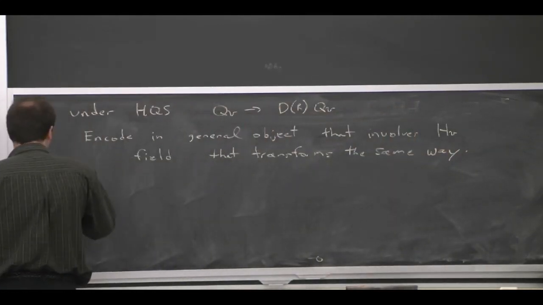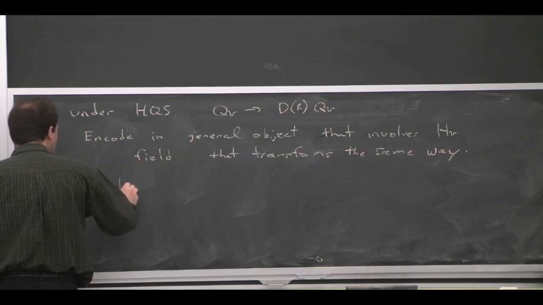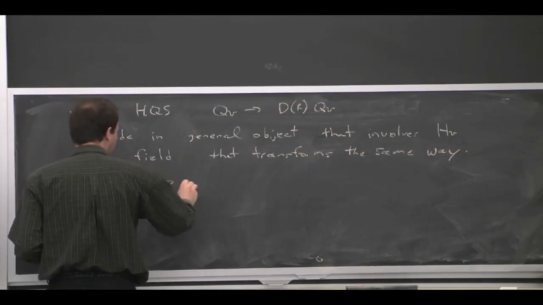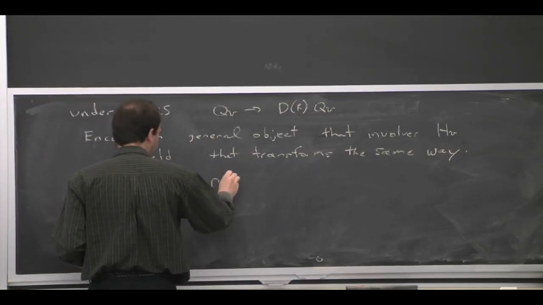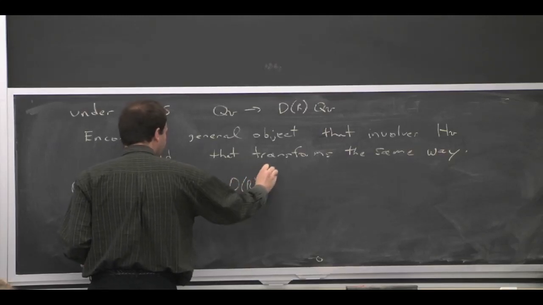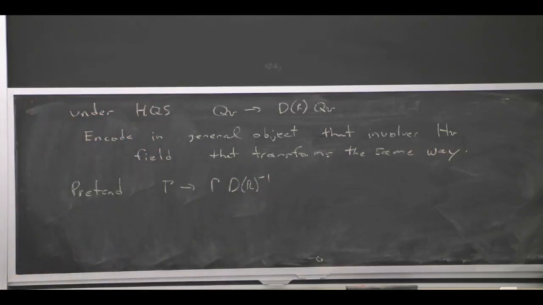So let's pretend, in order to do this, instead of thinking about covariance, we want to think about invariance. So pretend that the Dirac structure transforms such that we cancel that D. Then we have an invariant, and we can think about building invariance out of the H_v field.